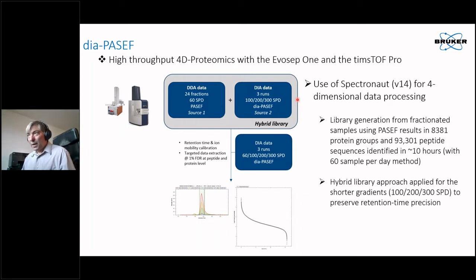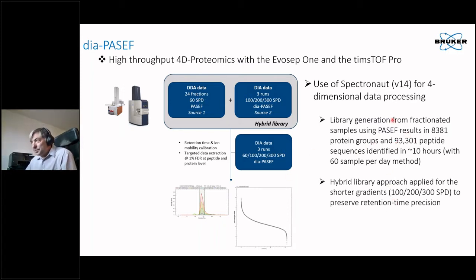We also used direct DIA on that data to generate a hybrid library containing the library from the 24 fractions plus the direct DIA library. The hybrid library approach allowed us to realign the retention time and use the 60 sample per day libraries for the shorter runs as well.